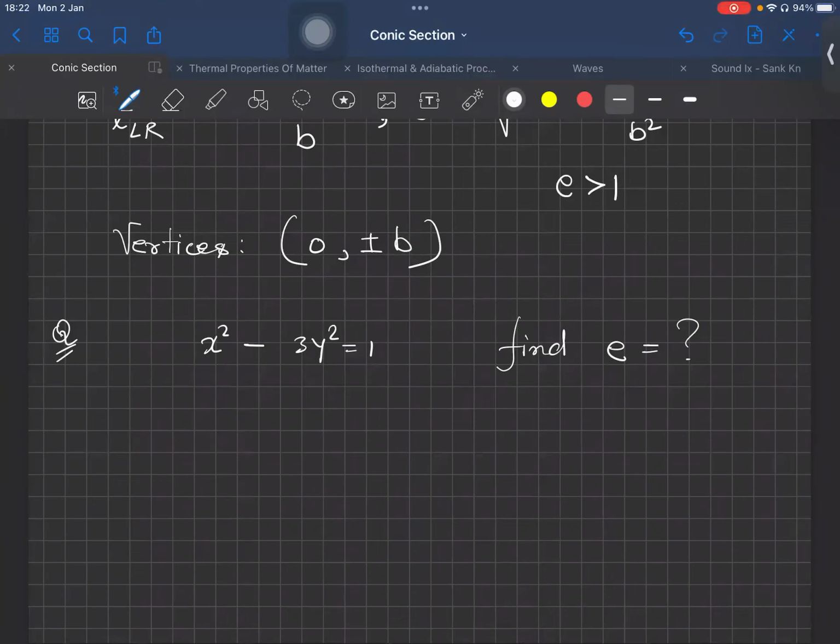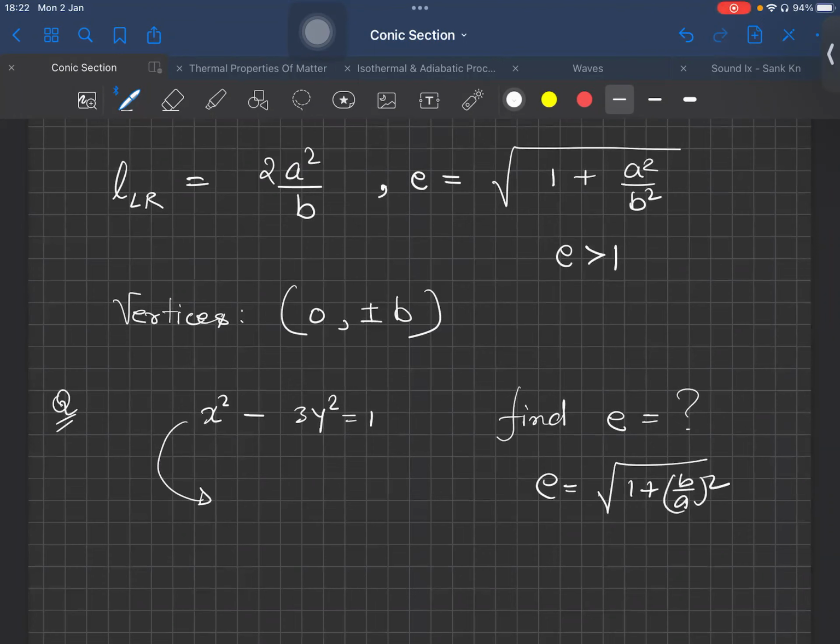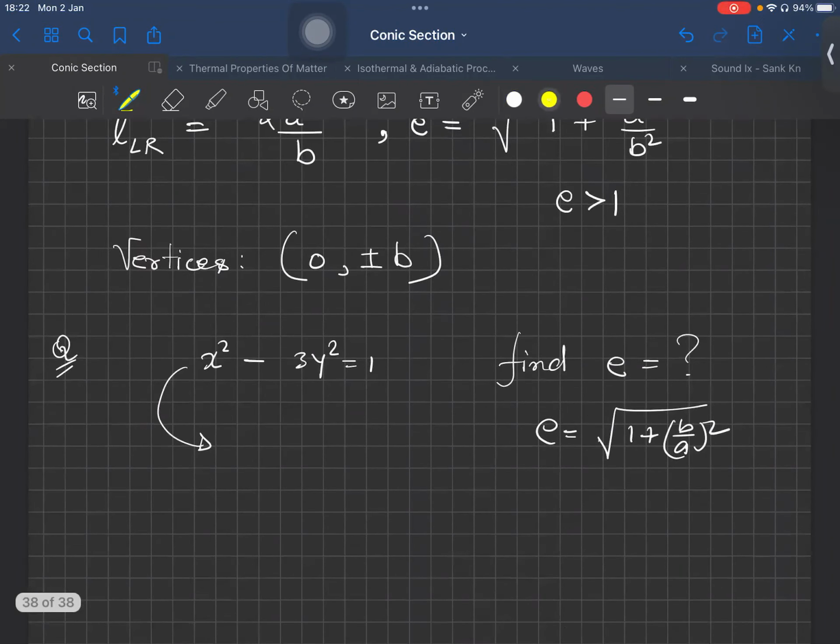What hyperbola is this? This is normal hyperbola, right? So what will be its conjugate? See, for this hyperbola, E is equal to square root of 1 plus what? B upon A whole square. But I asked you to find for its conjugate. So what will be its conjugate? Its conjugate will be minus x square plus 3y square is equal to 1. That will be the conjugate.